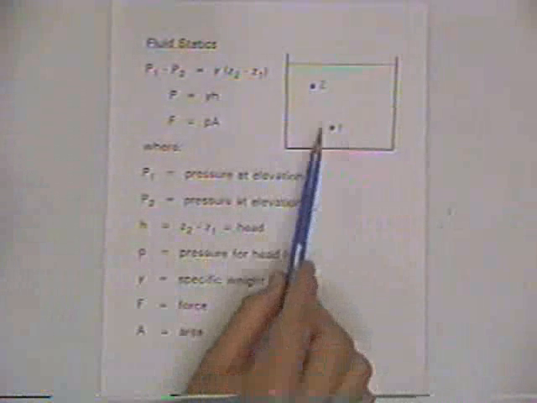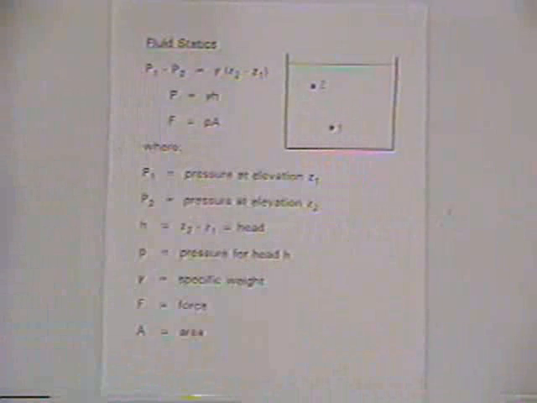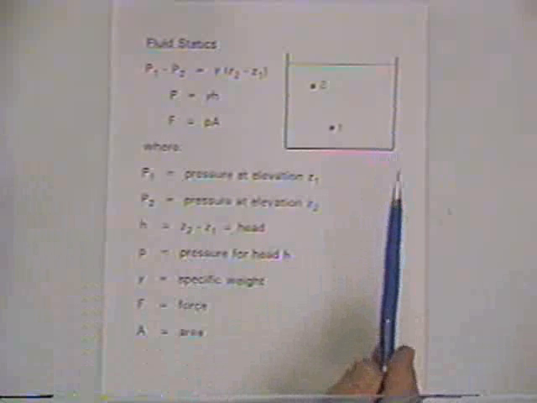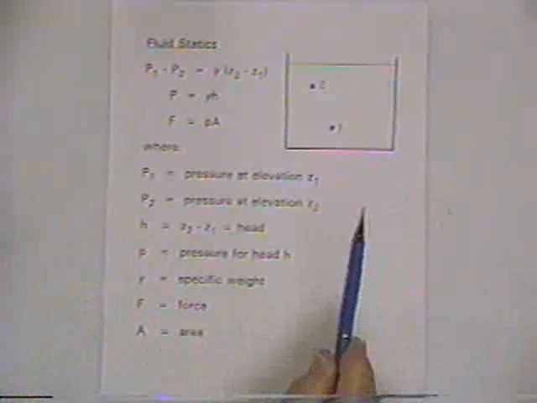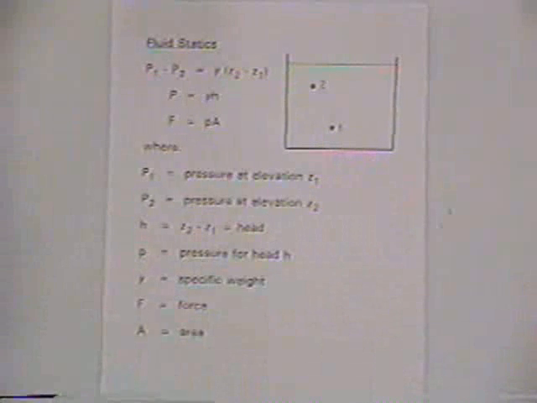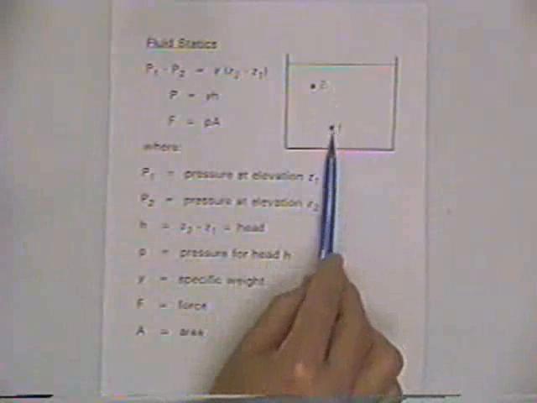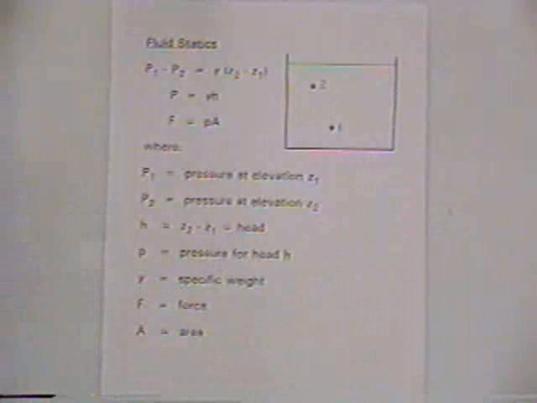And so if you pick a couple points, some vertical distance apart, here we're using a liquid in a container, that's the pressure difference. We let P1 be the pressure here and P2 the pressure there. The difference in pressure is just the vertical difference in elevation of this column or height of fluid times the specific weight, the unit weight of the fluid.